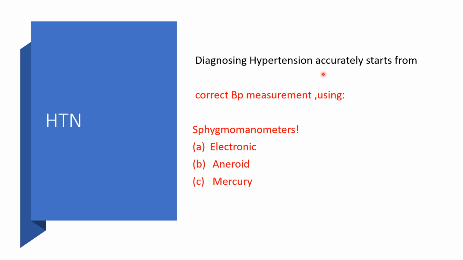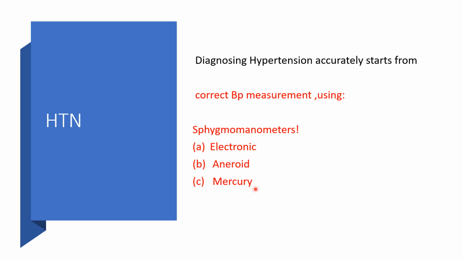So diagnosing hypertension accurately starts from the least that we will ever think of, that is correct blood pressure measurement using sphygmomanometers. There are 3 forms that I know of: electronic, aneroid, and mercury. Out of all of these, mercury is the best, but some are concerned about the environmental issues as per the mercury inside.